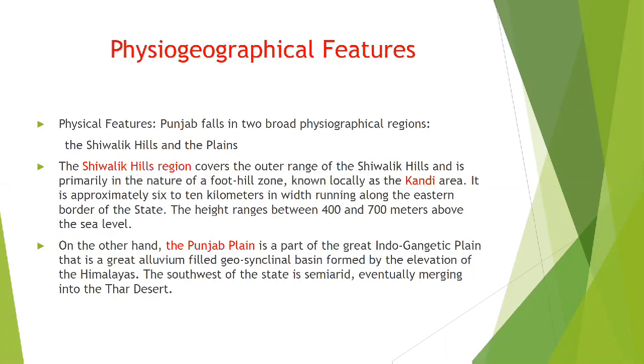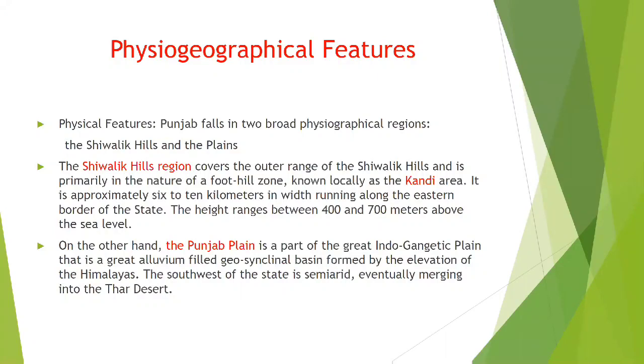The Shivalik Hill region covers the outer range of the Shivalik Hills, and it is primarily in the nature of a foothill zone. It runs parallel to Punjab and, as I told you, is called Kandi area, and the total area is about 6 to 10 kilometers in width, and it runs along the entire eastern border of the state.